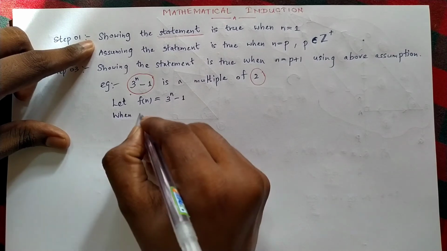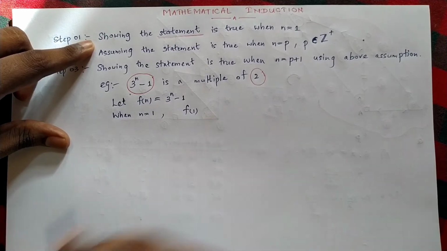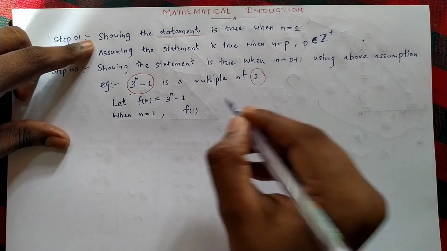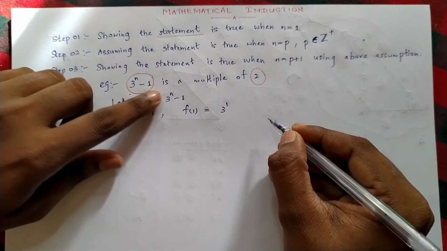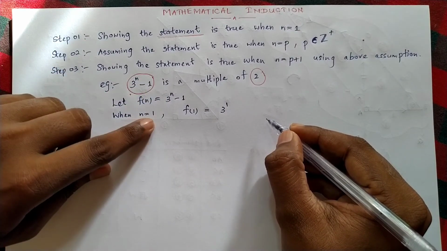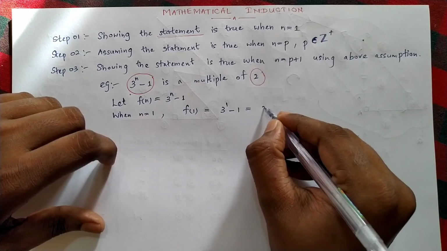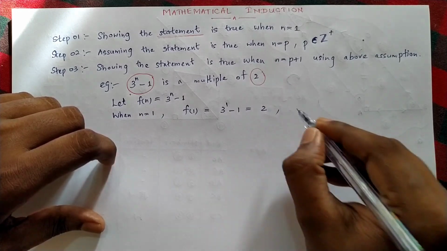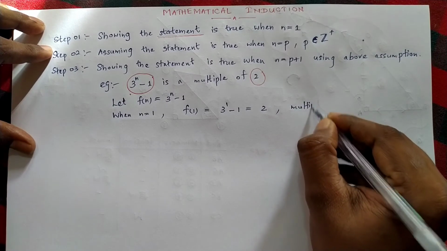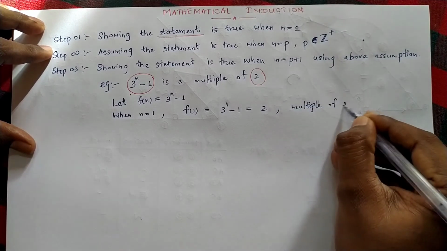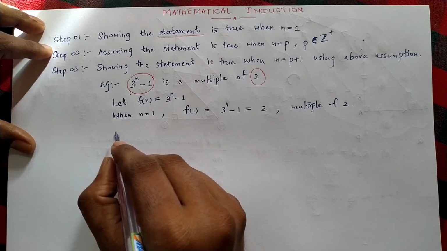When n equals 1, then f of n becomes f of 1. f of 1 equals 3 to the power 1, instead of n I have to substitute 1, then 3 to the power 1 minus 1, which is 2. Now it is clear 2 is a multiple of 2.